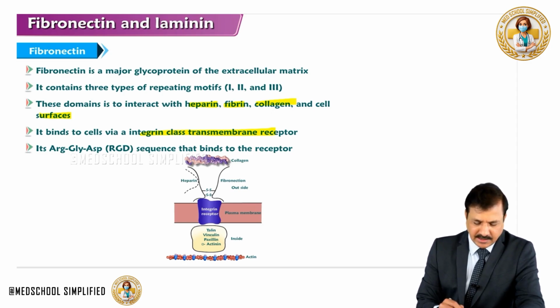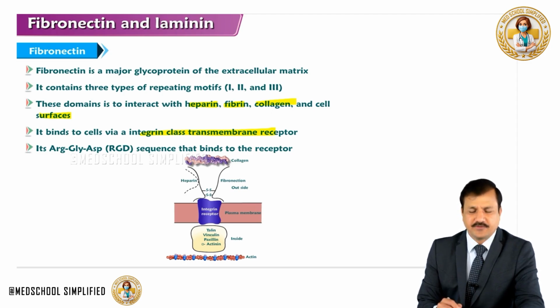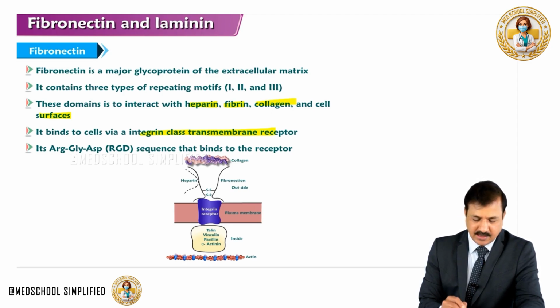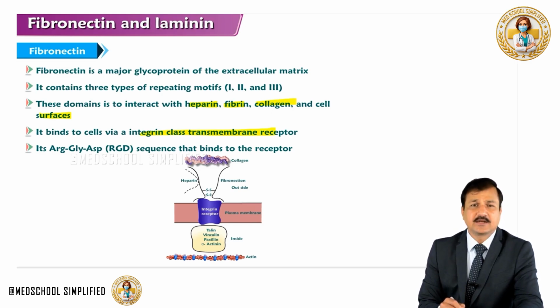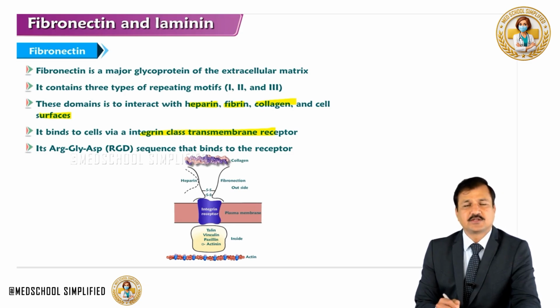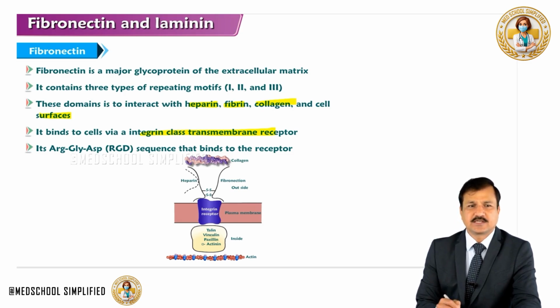As you see, the integrin receptor, which is a transmembrane protein being part of a membrane there, is going to interact with the collagen through fibronectin and heparin, which are interacting with the integrin receptor, and on the other side of the cell, inside the cytoplasm, it is going to interact with talin, vinculin and other proteins which are further interacting with actin in the cytoskeleton.